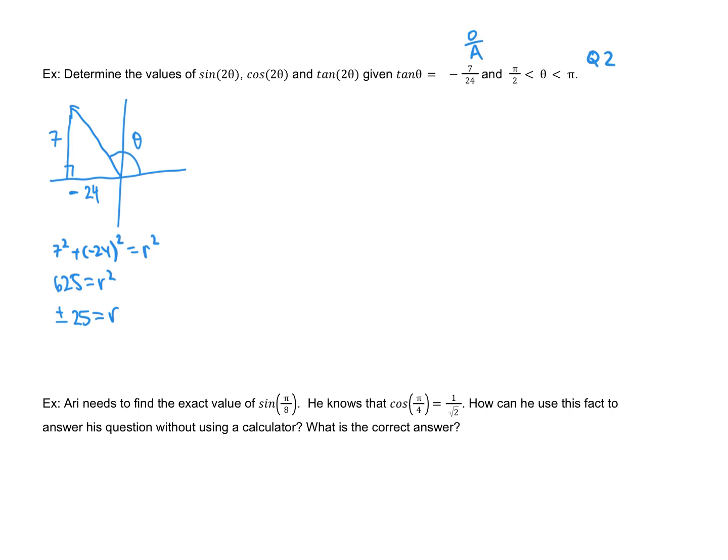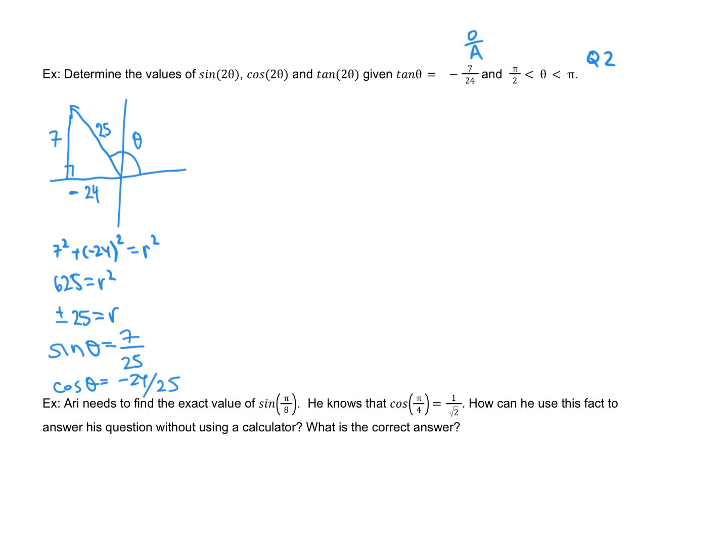And the radius or the length of that terminal arm will always be positive, no matter what, because it represents the radius of the circle, and that's an actual dimension, which is positive. Now I know that sine theta equals opposite over hypotenuse, there it is, and cos theta equals adjacent over hypotenuse, there it is.